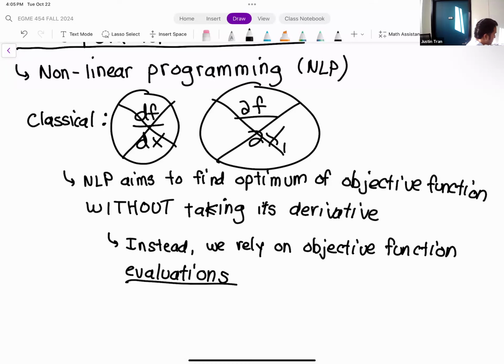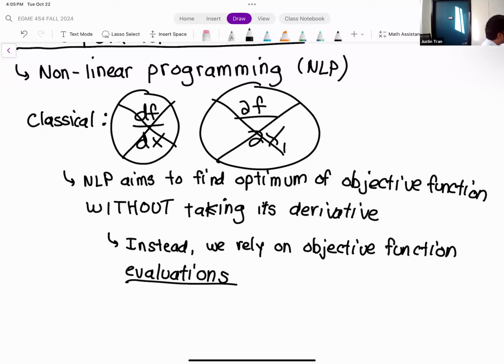So that's the whole idea with nonlinear programming: to just rely on the function evaluations to obtain the optimum. We've already seen the extreme of this, which is something called exhaustive search. Remember, that was the first algorithm that we went over. Exhaustive search just evaluated the objective function at every single possible point within a range, and whatever we found to be the optimum from those thousands or millions or billions of evaluations, that's our optimum.